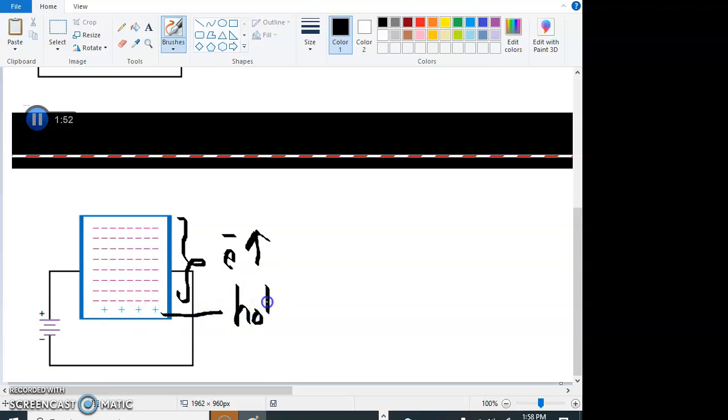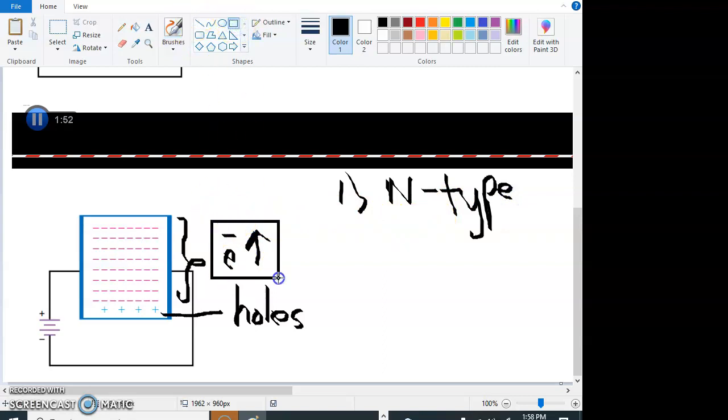If you remember, in an intrinsic semiconductor, there is an equal number. For the N-type material, since we add a pentavalent atom, there is a free electron. That's the reason why there is an increased number of electrons.